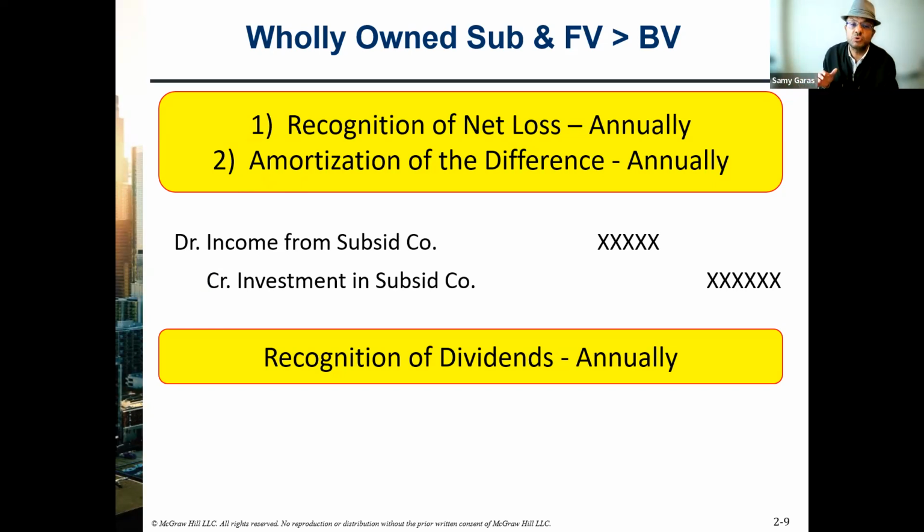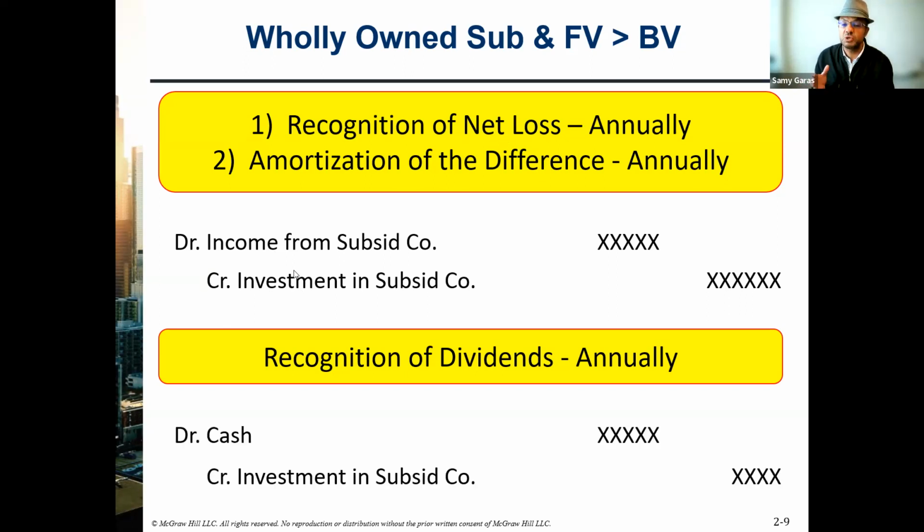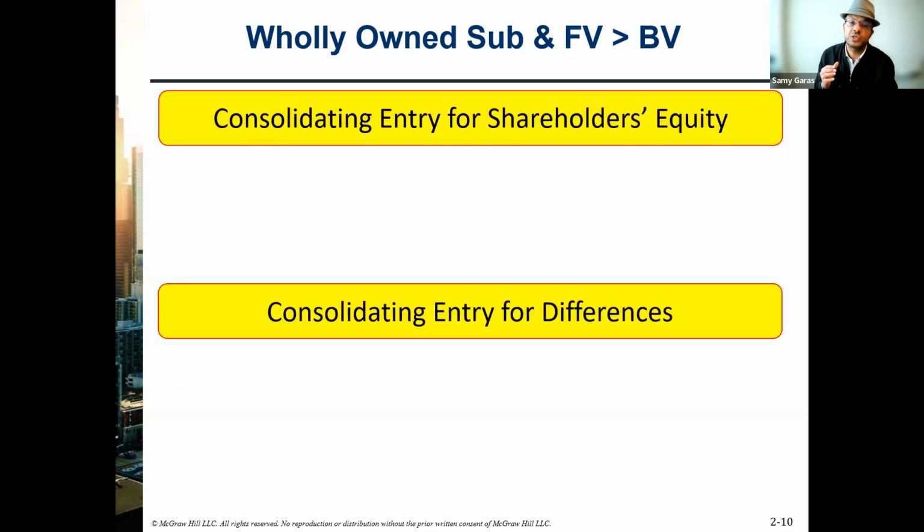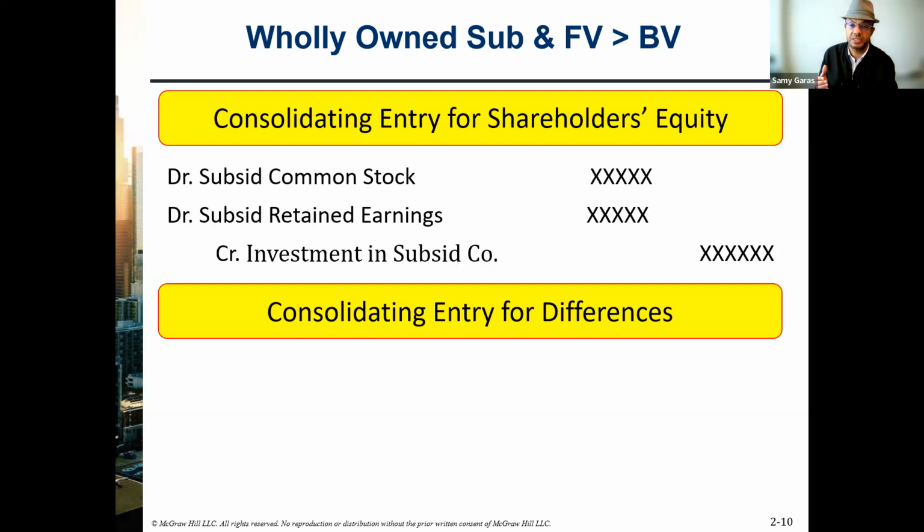So the same journal, we use it for recognizing the net loss. We use it also for the amortization of the difference. For the dividends, we use the same journal. We made it in chapter 2. And now we come to another issue. The consolidation of the shareholders' equity will be the same. We debit subsidiary common stock, retained earnings, and credit investment.